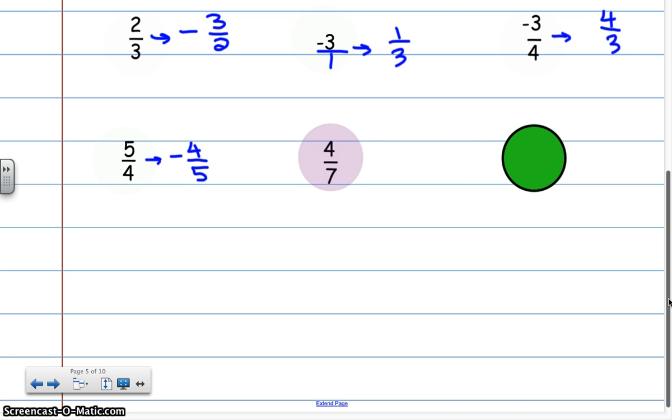Okay. 4/7. John, what would that be? -7/4. And lastly, -1/2. Logan? It would be 2/1 or 2 positive, right? Very good. Okay?